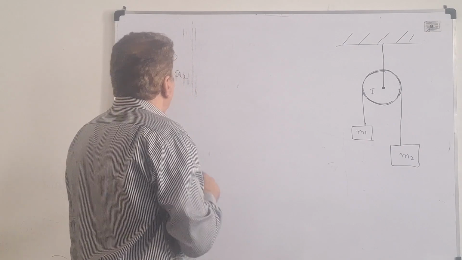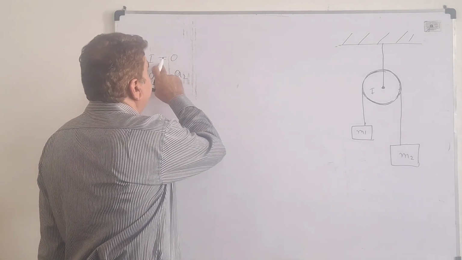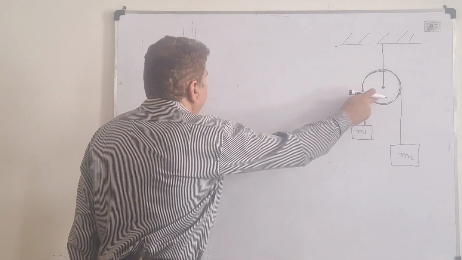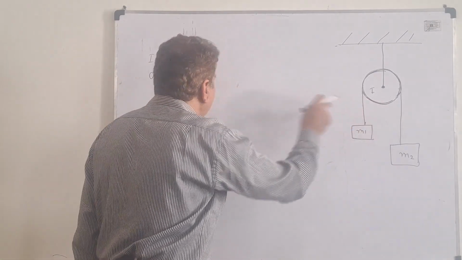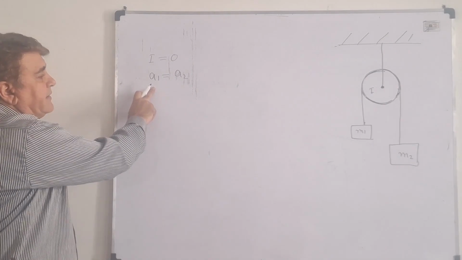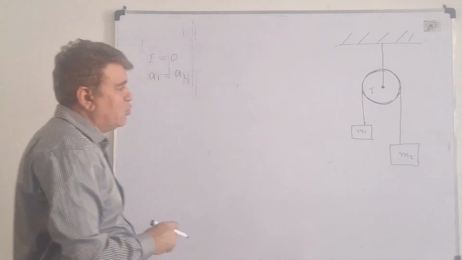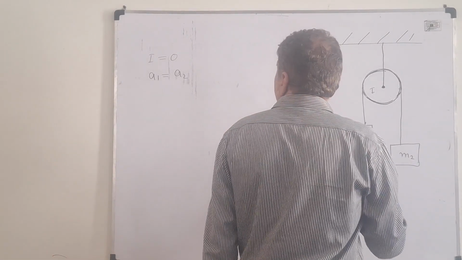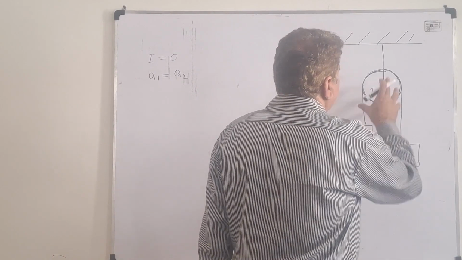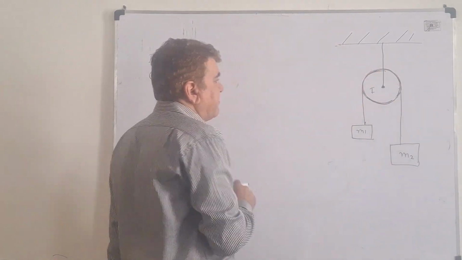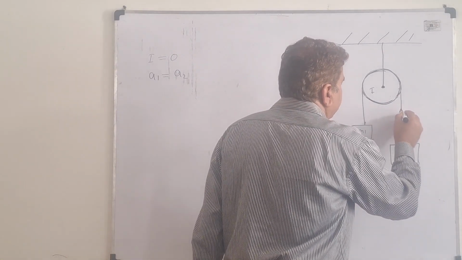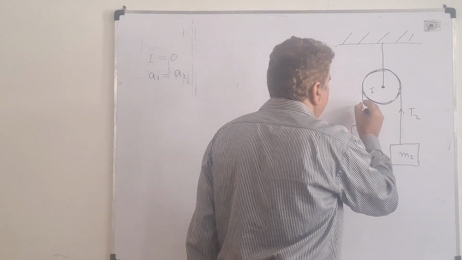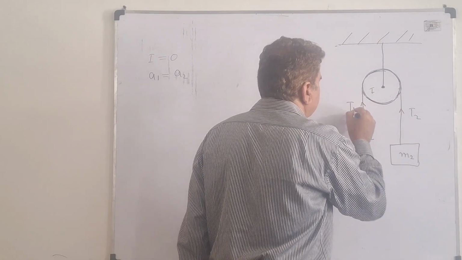So we have now put two conditions. Number one, the moment of inertia of the pulley is 0. Number two, the rope is inextensible, that allows us to write the acceleration of the two masses equal. And I make another assumption that there is no friction in the system. If there is friction, let the tension on this side I denote with T2, and the tension on this side I denote with T1.